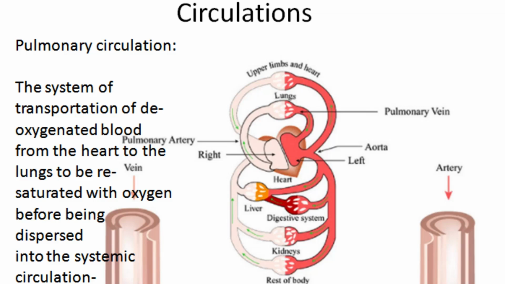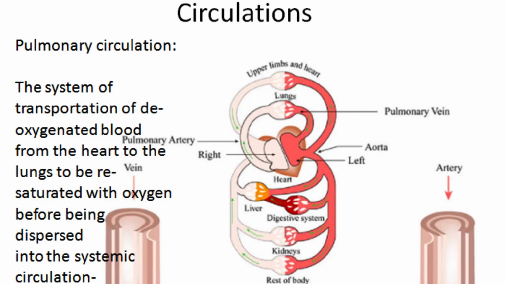On the right hand side, we have the pulmonary vein, which is coming from the lungs to the heart. It is carrying oxygenated blood from the lungs to the heart. So whatever blood exchange is happening between lungs and heart, we are calling it pulmonary circulation.